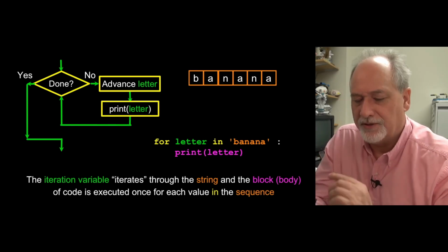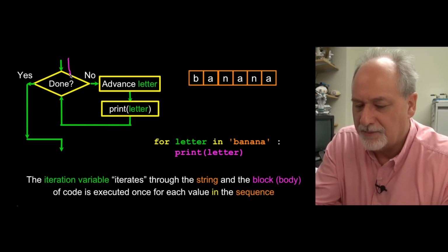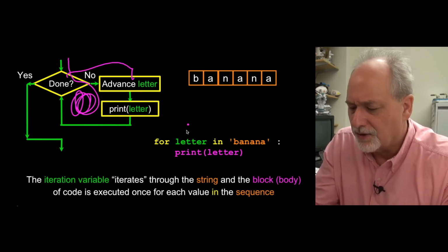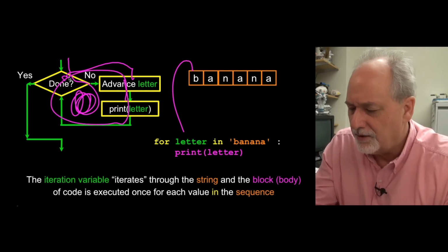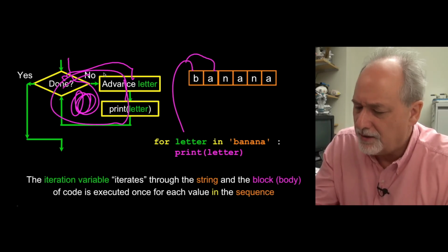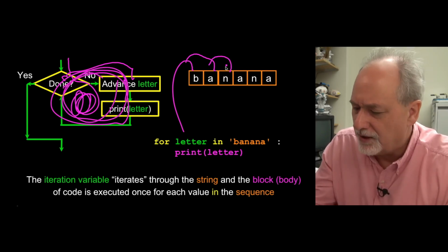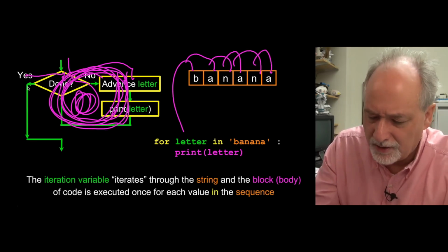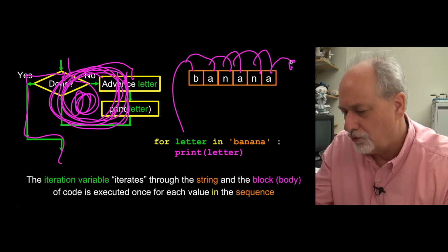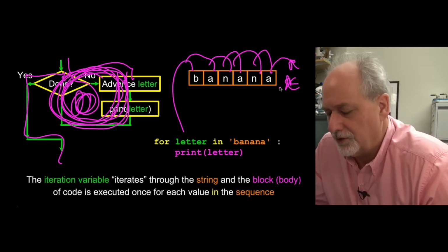The for loop is both deciding how many times to run the loop, in this case 6, and advancing the letter. So advance, print, decide whether you're done, advance, print, decide whether you're done, and so on until I am now done because we're done with that particular string.